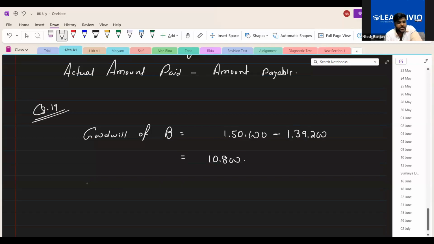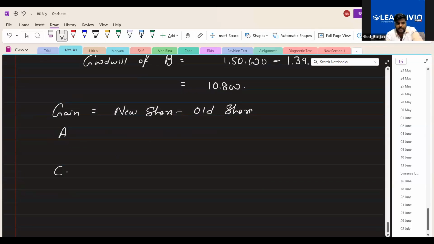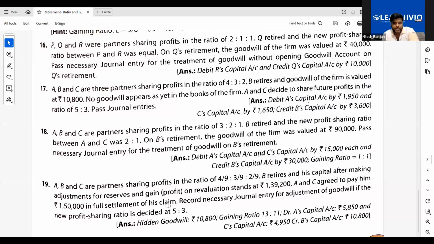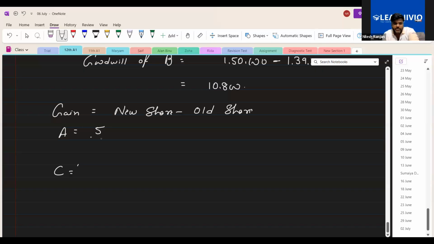Now this 10,800 will be distributed between A and C. So first we have to calculate gain, equals new share minus old share. So gain of A and gain of C. A's new share is 5/8 and C's new share is 3/8.